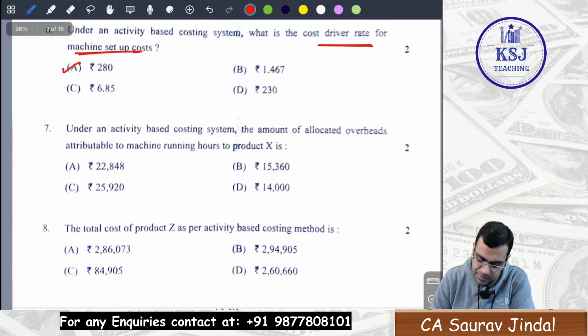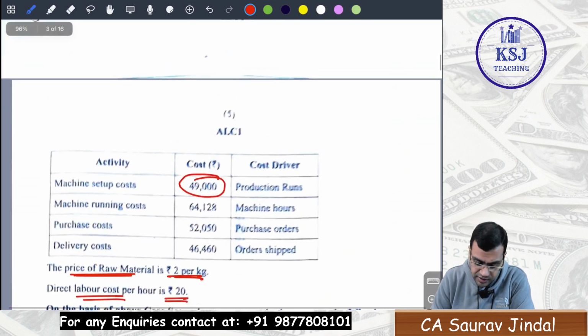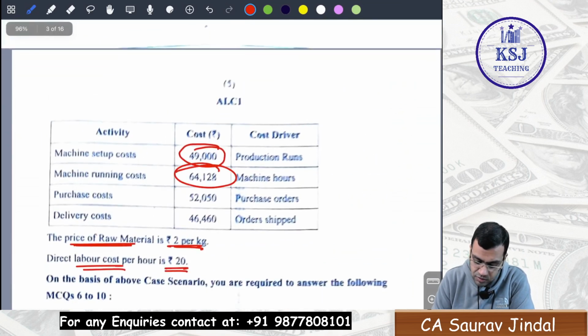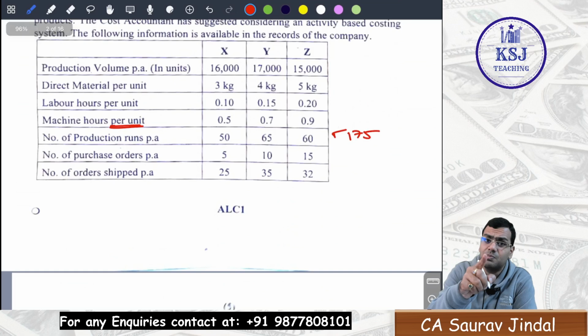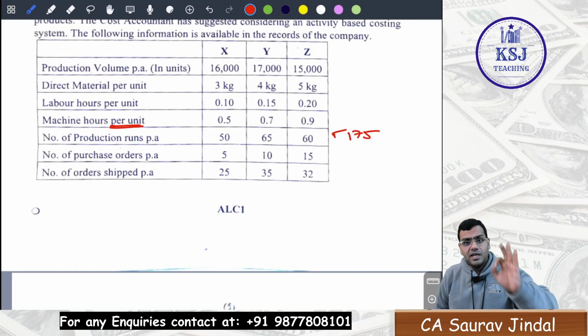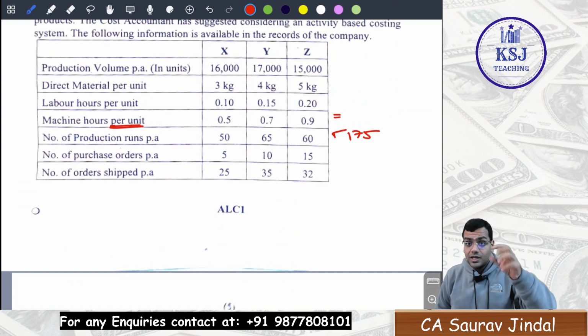Under activity based costing, calculate the amount of allocated overheads attributable to machine running hours for product X. Calculate the cost driver rate, machine running cost on the basis of machine hours. Calculate the total machine hours. The machine hours per unit are given to you. If you have taken this total only, then it is wrong. You have to first calculate the total machine hours for the total number of units.